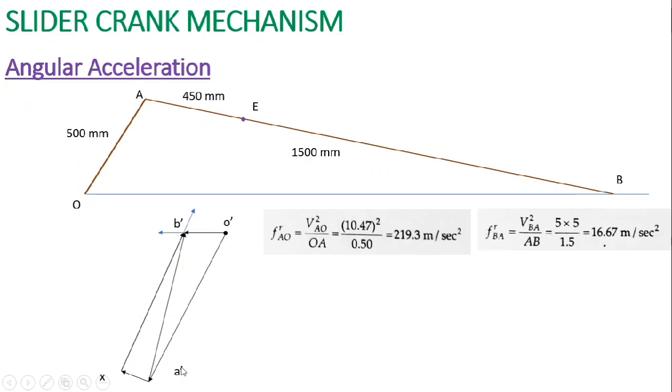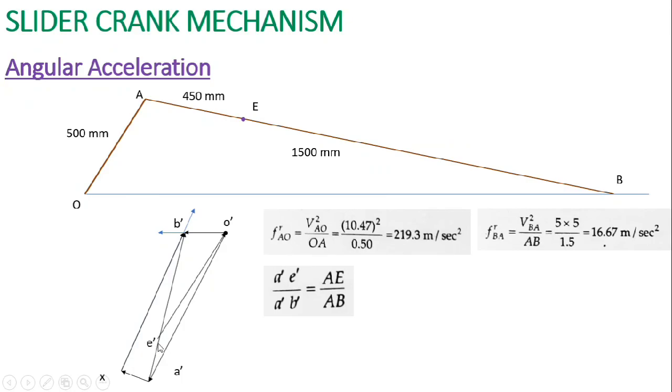Now once we have got the resultant vector AB, we need to locate this point E on this vector. This can be located using this equation. A dash E dash, that is the distance of point E dash from A dash, can be determined using the equation A dash E dash upon A dash B dash equals AE upon AB. So you substitute these values, you will get the length of A dash E dash, and at that length you locate this point E dash.